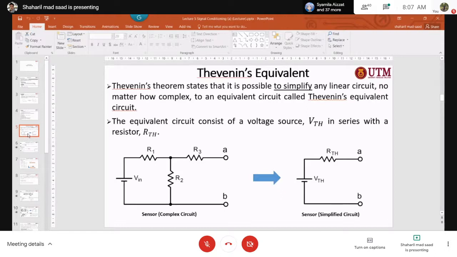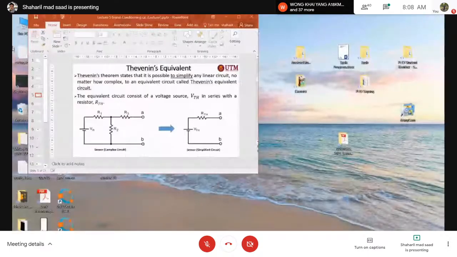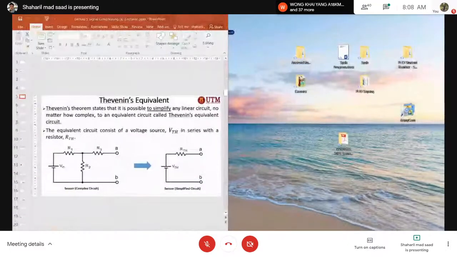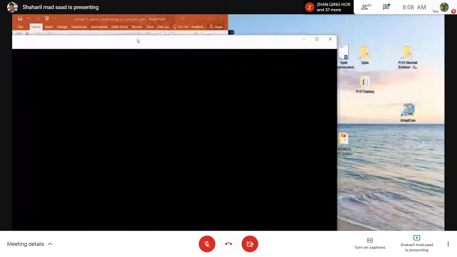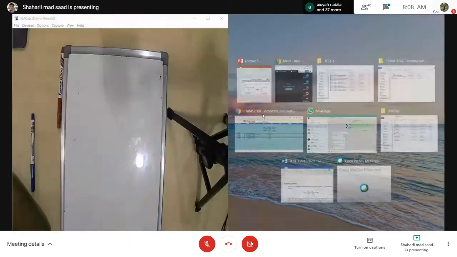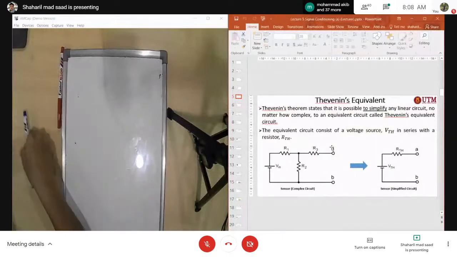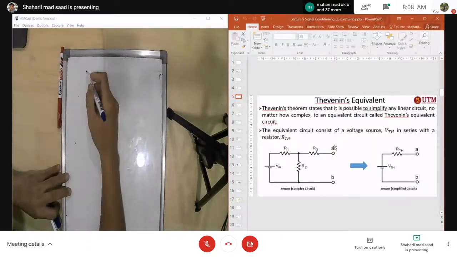Before we go through signal conditioning, let's go through a very basic circuit. We call it a Thevenin circuit. What this Thevenin circuit does is, you have a complex circuit.